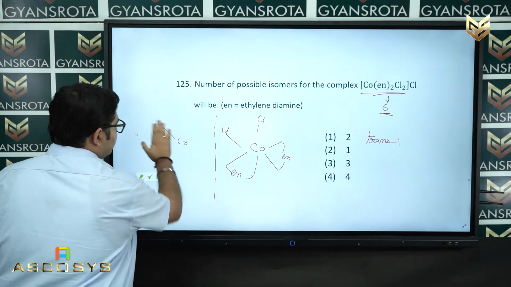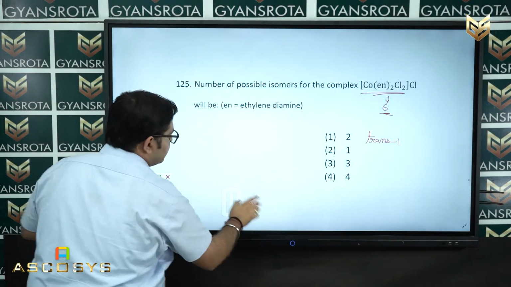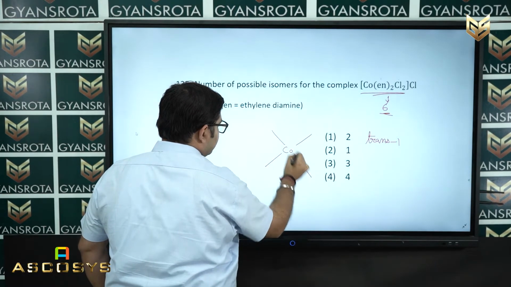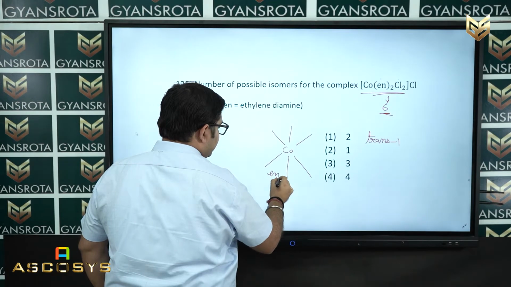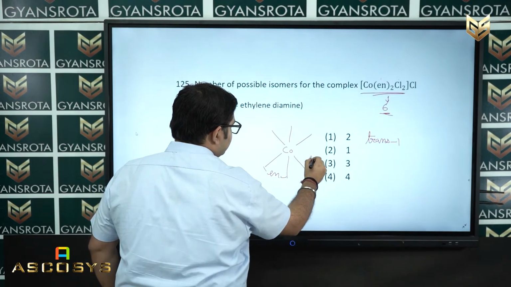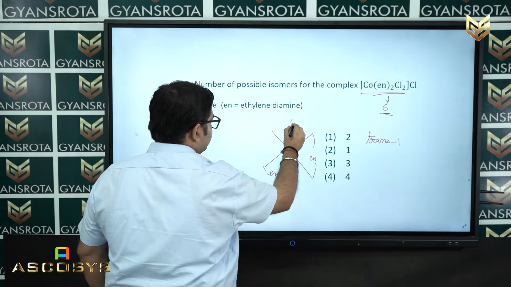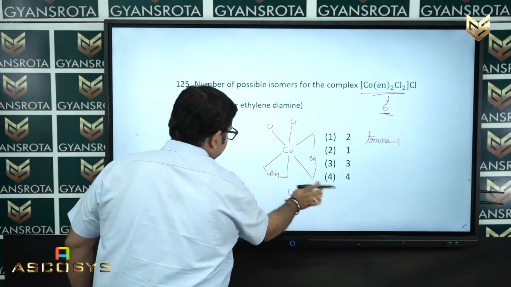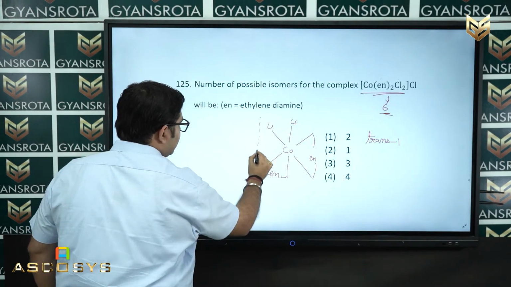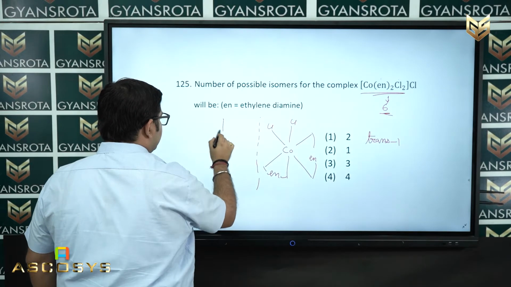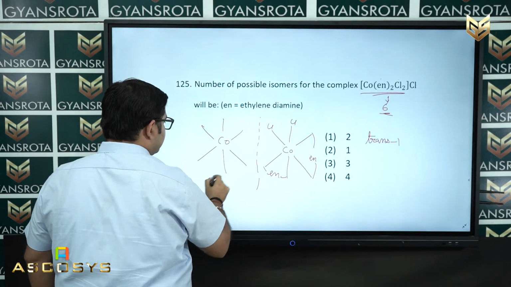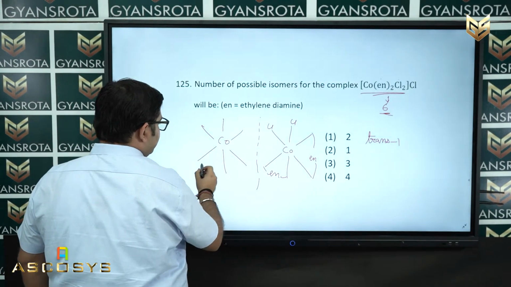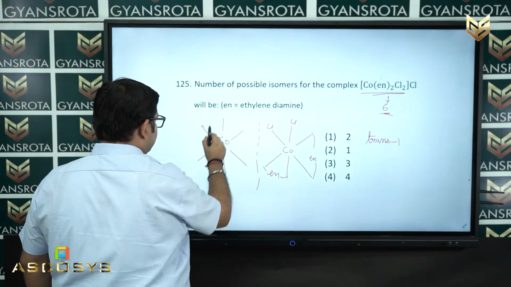If I draw a little bit here, this is ethylene diamine and here also ethylene diamine. Now, here Cl and Cl are present. So, this is one cis form, and similarly if I draw cobalt here, what you get is en on this side.